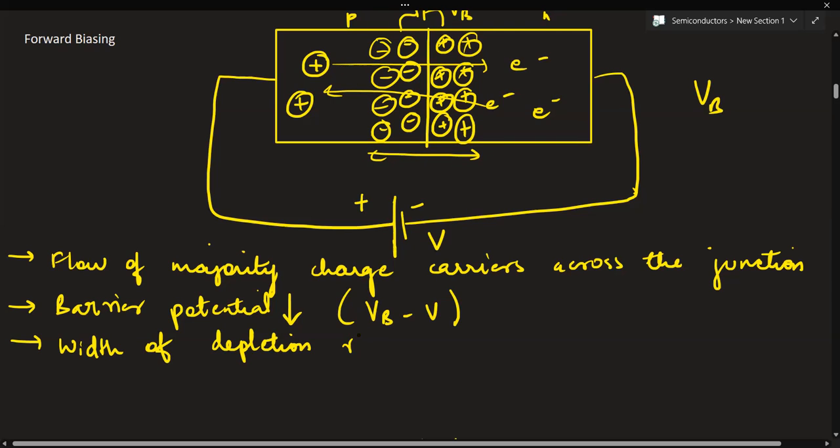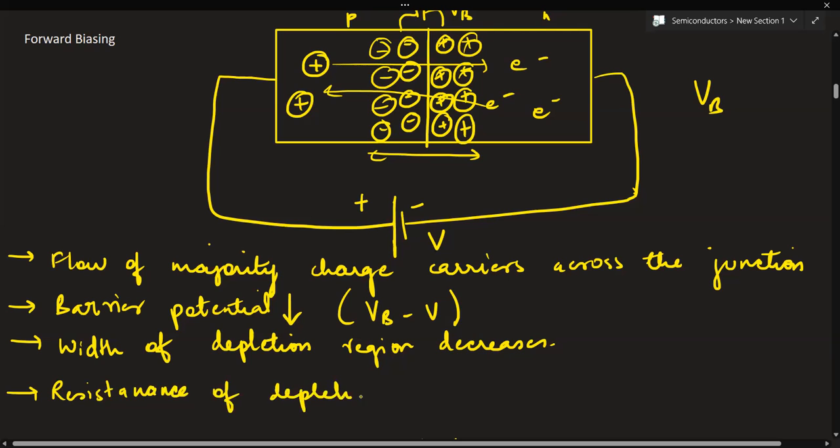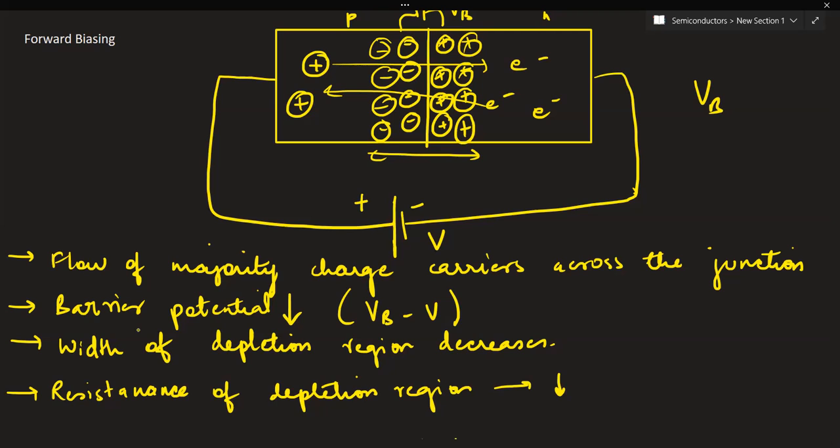So the width of the depletion region also decreases along with the barrier potential. And one more thing, if we talk about resistance, the resistance of the depletion region will also decrease. Ma'am, width of depletion region will decrease or increase? It will decrease in case of forward biasing.